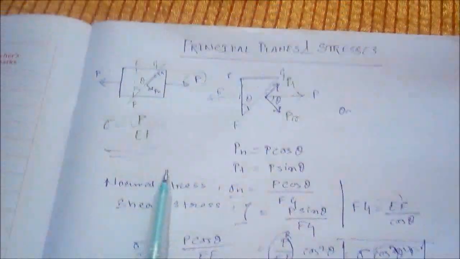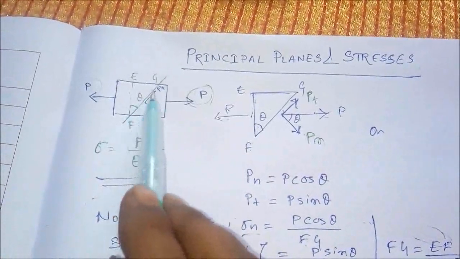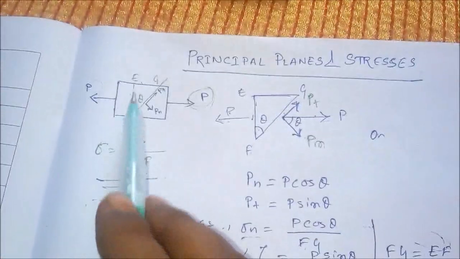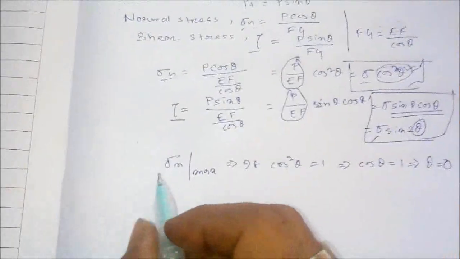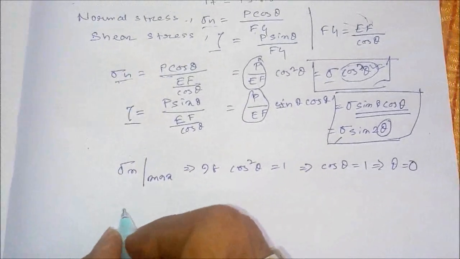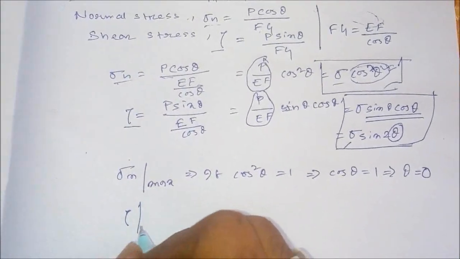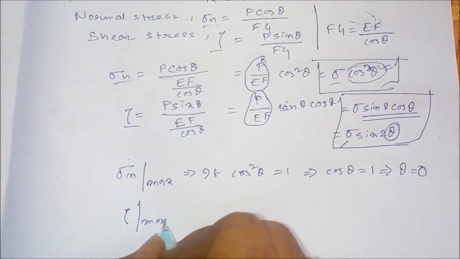That means if this angle is 0, that is the vertical plane, at that vertical plane we are getting the maximum value of sigma n.